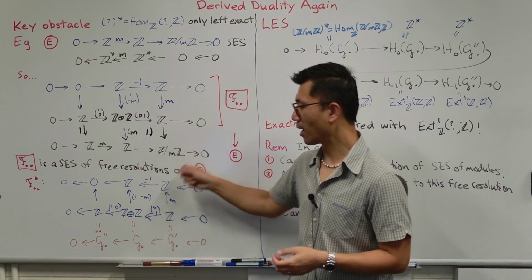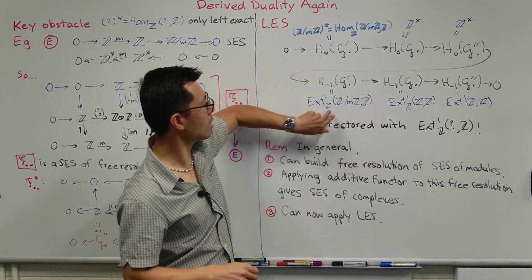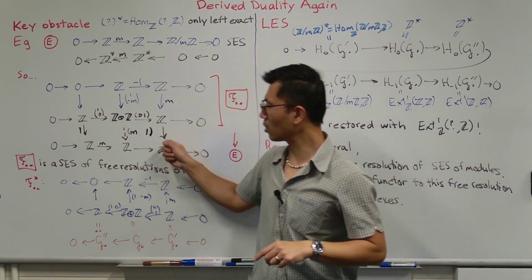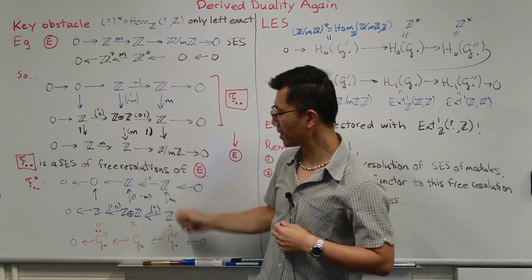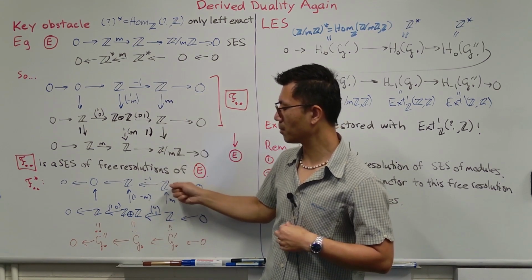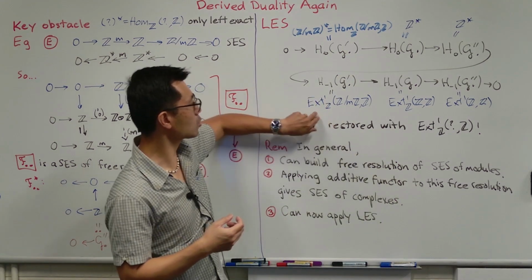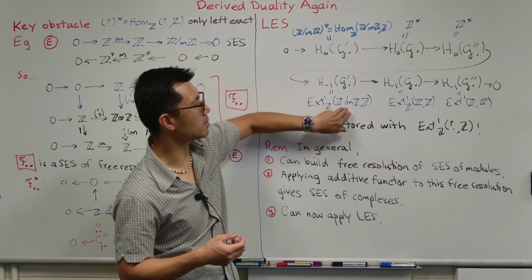And remember, in the H minus 1 slot, we just get the Ext^1 functor. So that's Ext^1 here, the Z mod mZ. For example, here you've got a free resolution of Z mod mZ. You dualize that, and the H minus 1 of that dual complex is going to be Ext^1 into Z of that module, Z mod mZ.